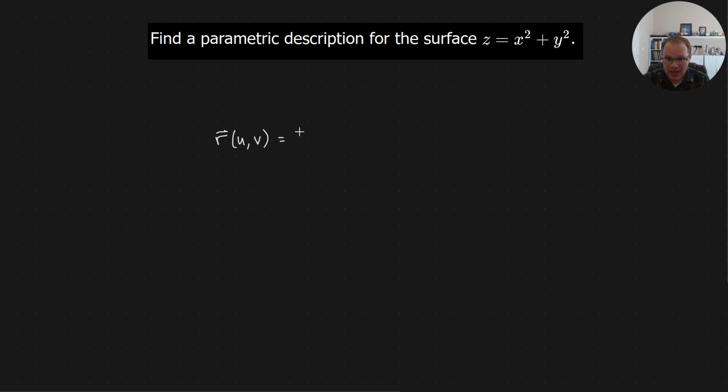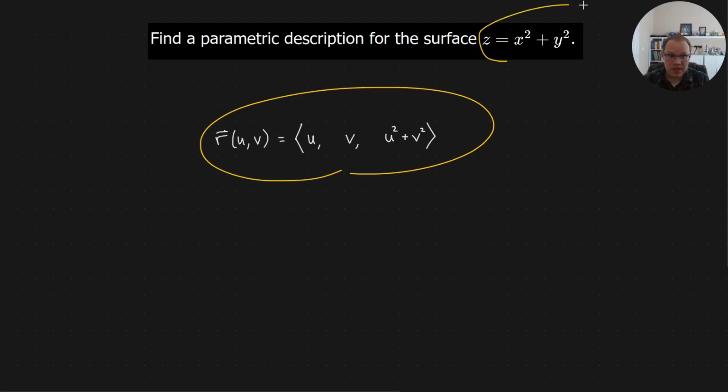So if I let x be my first parameter u, and I let y be my second parameter v, then the equation's telling me that z should be u squared plus v squared. This is a parametric description of the surface.